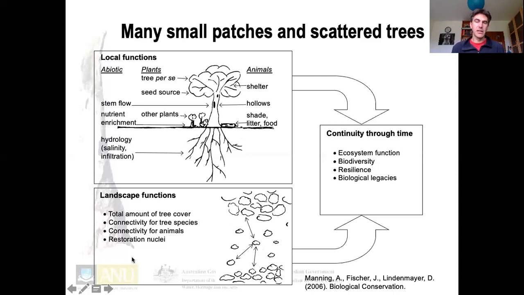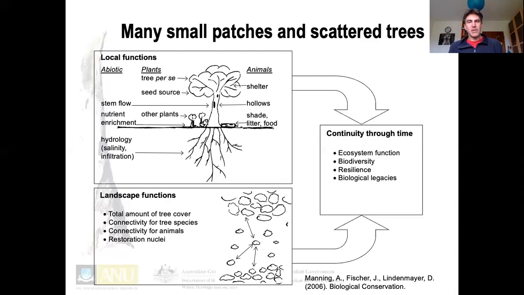These trees in Australia are often very old. By very old, I mean some of them predate European settlement. So they predate the era when land clearing actually started. That's something quite unique to frontier environments like in Australia. We don't have that in Europe in the same way. So some of these trees are basically older than European land management practices in Australia, which is essentially about 200 years or 250 years.